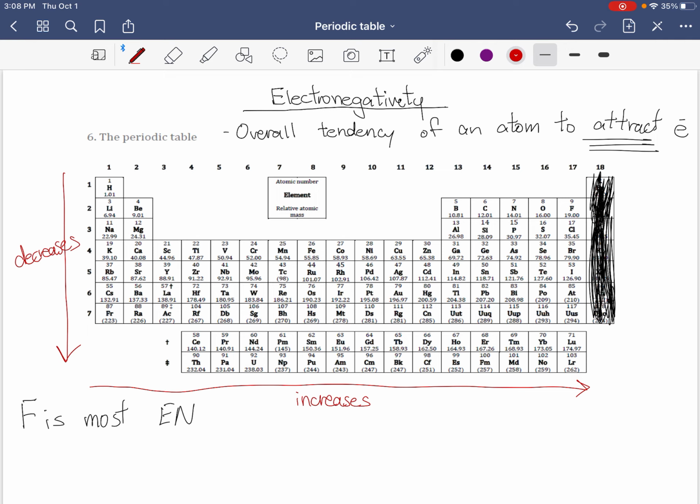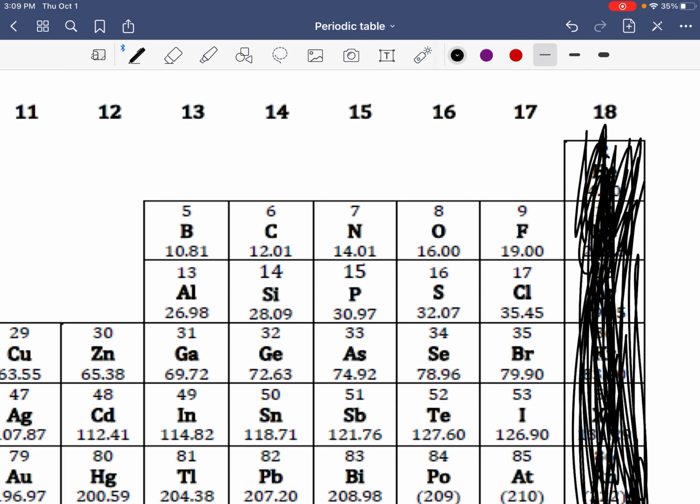Later on, I will give you another periodic table. This periodic table outlines the electronegativity value for each of these elements. It's actually a scale from 0 to 4. Fluorine has an electronegativity value of 4.0. So there is no element here that will be greater than 4.0.